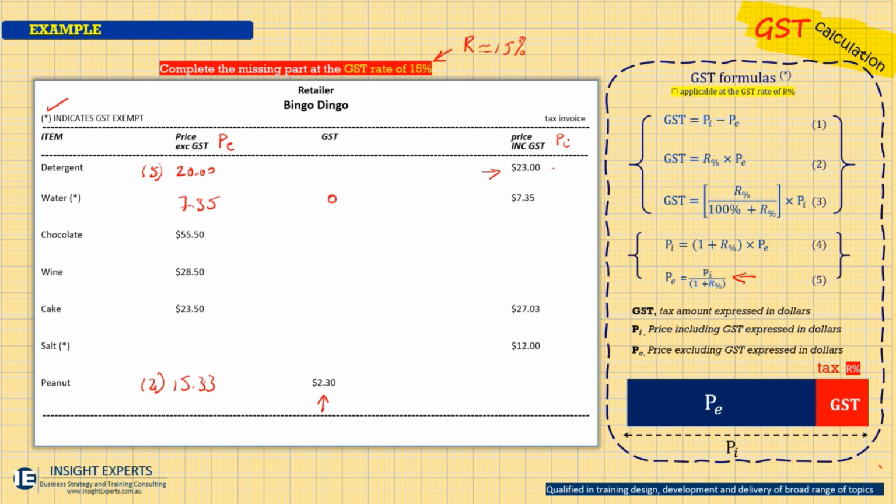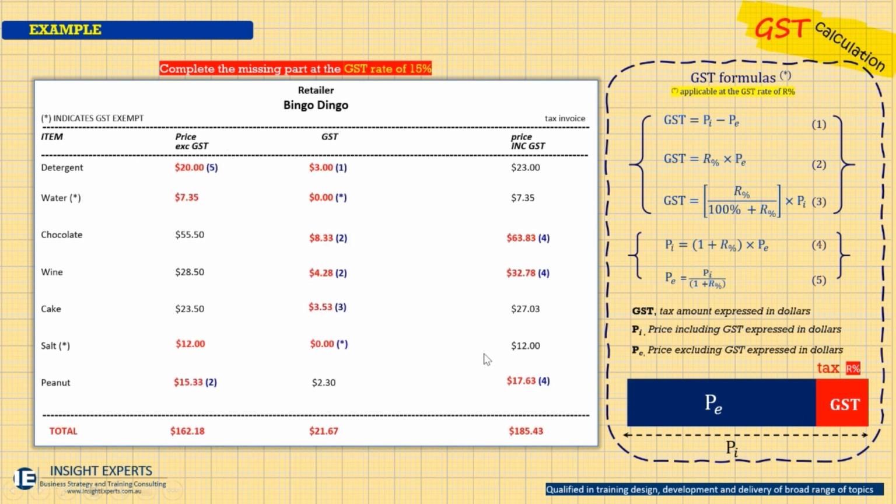And for the price including GST, we use equation number 4, and we get 17.63. Now, if you carry on and do this, you will just get the answers, and I've compiled this table for you, which shows the answers in red and the formulas in blue.